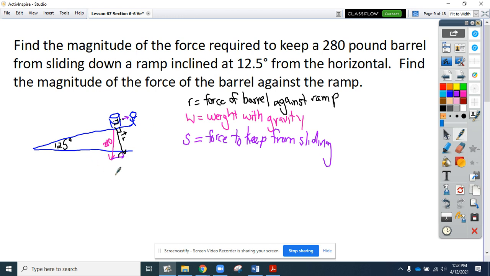All right, so now we have this triangle. We know it's a right triangle because this was perpendicular here, which meant it was also perpendicular if I extended it here. So that's how we knew it was a right angle.